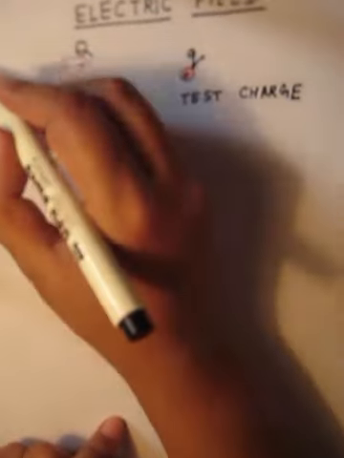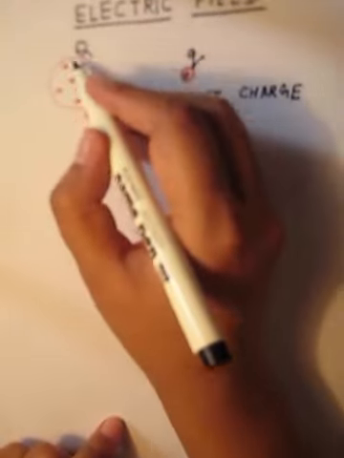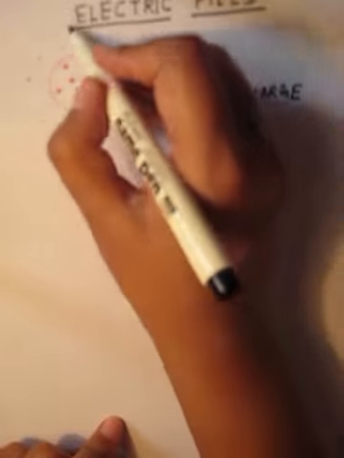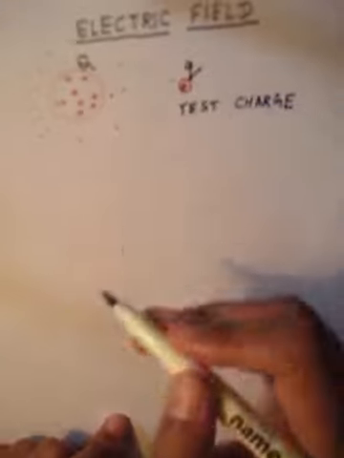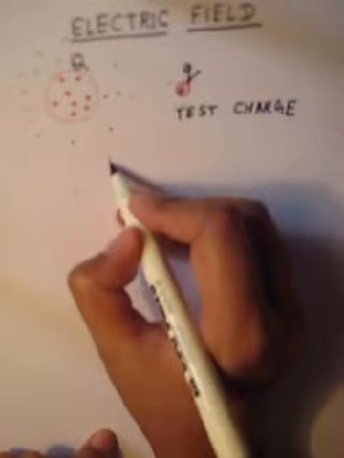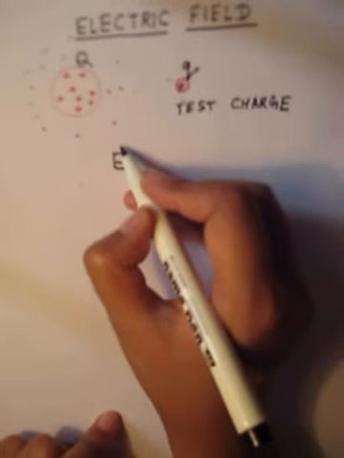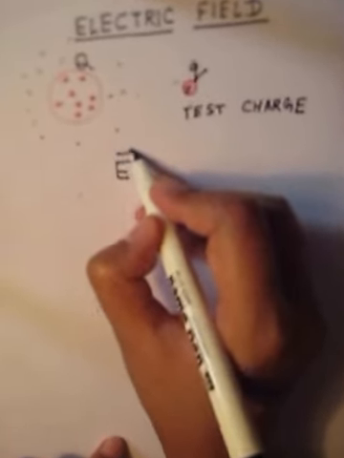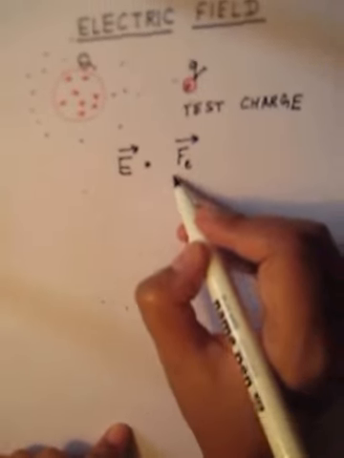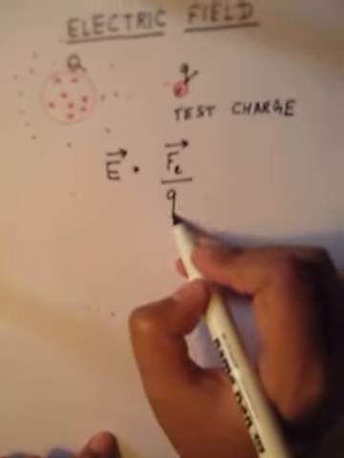Because it's the larger charge, it will have a stronger field around it as compared to the smaller charge, so we don't discuss the field associated with the test charge. Now, the electric field by any charge will be defined by the electric force per unit test charge.